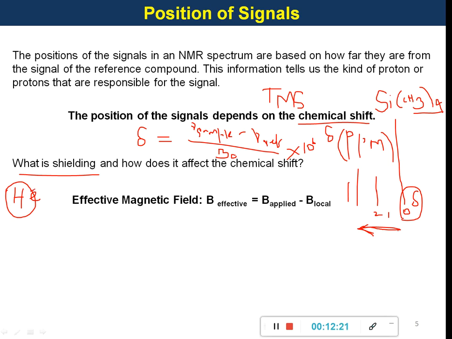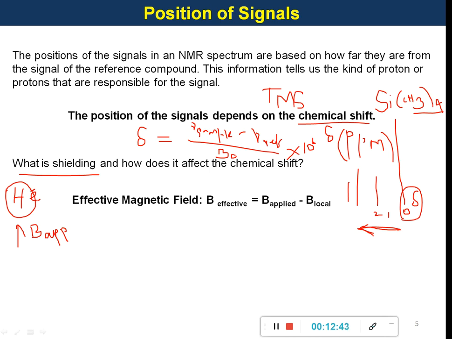So shielding affects the chemical shift. The shielding is different for different protons in a molecule, and that is why there are many signals in the proton NMR spectrum instead of just one.